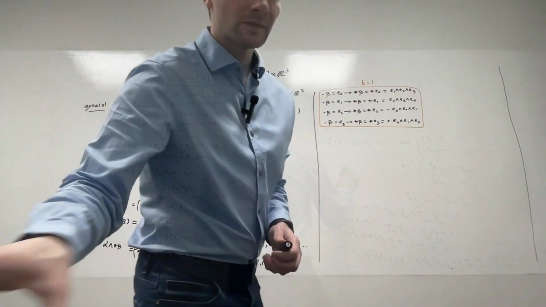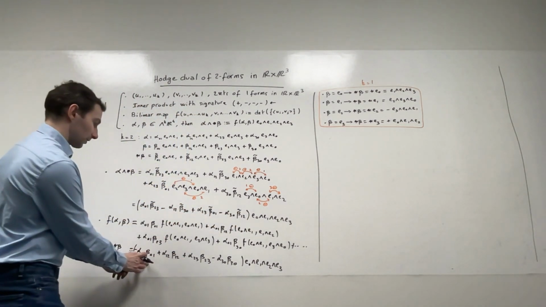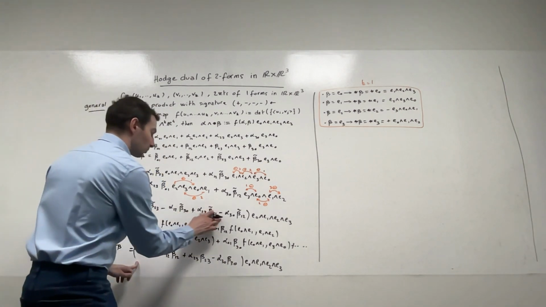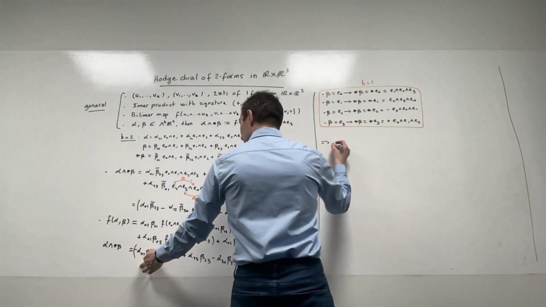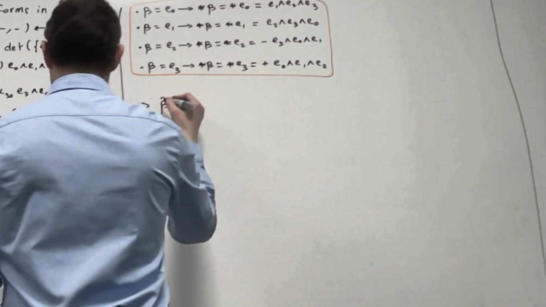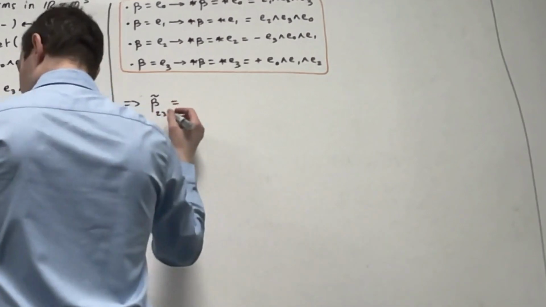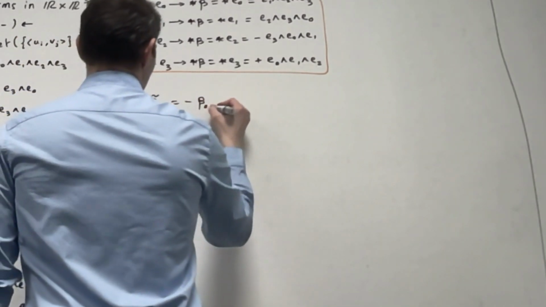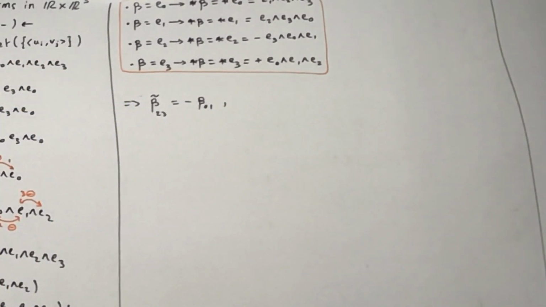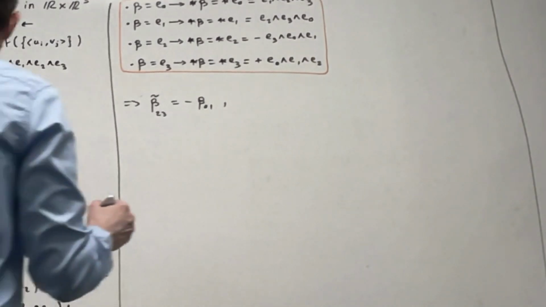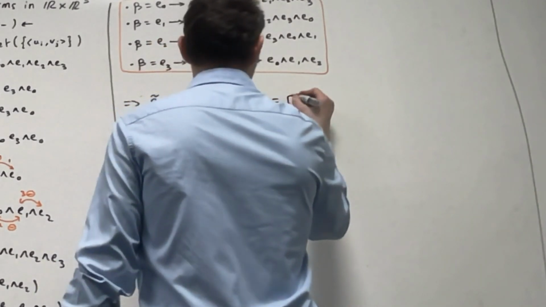Okay, and so I will erase here, and we are just going to continue the reasoning there. So here we need to have this equal to that. We need to have all of those terms being equal to that for any alpha. So the bottom line is that we are going to get that beta tilde 2, 3 is equal to minus beta 0, 1. Then we have that minus beta tilde 3, 0 is equal to beta 1, 2.